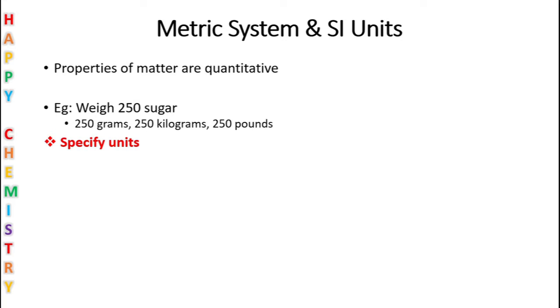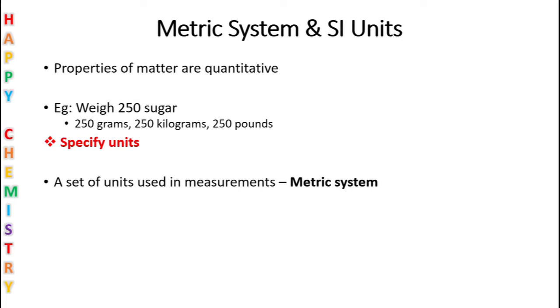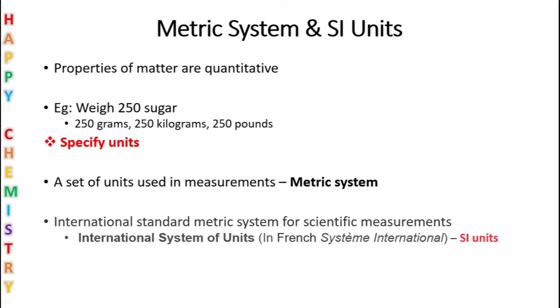A set of units used in measurements is called a metric system. There are several metric systems used globally. The internationally agreed standard metric system for scientific measurements is called the International System of Units. Or, in other words, we call these units SI units.